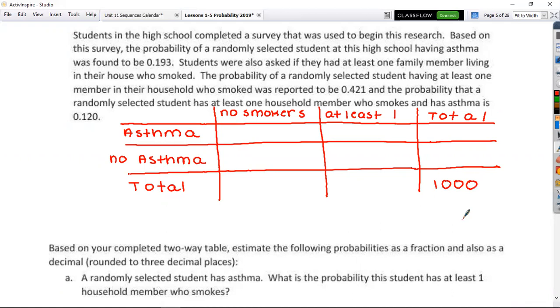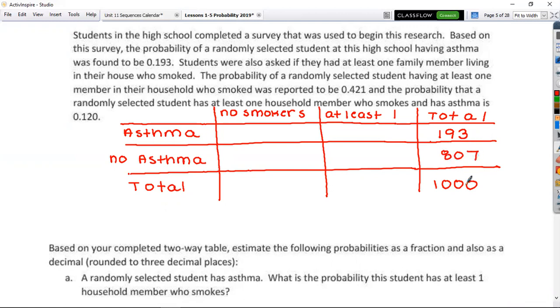Now I'm going to start labeling some things. So we know the probability of a randomly selected student at this high school having asthma. So my total asthma sufferers are 193. Now, before you go any further, can't you find this number? Yeah, so what's 1,000 minus 193? This is 807.